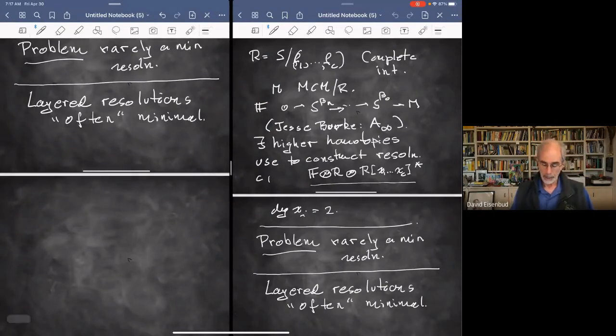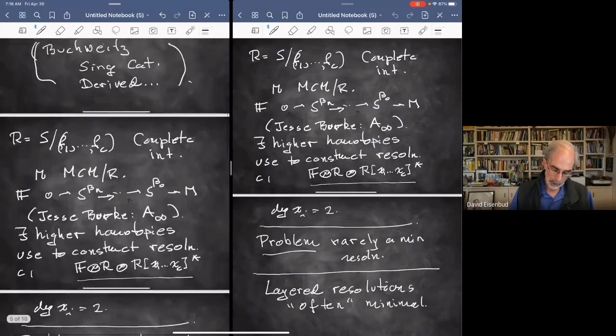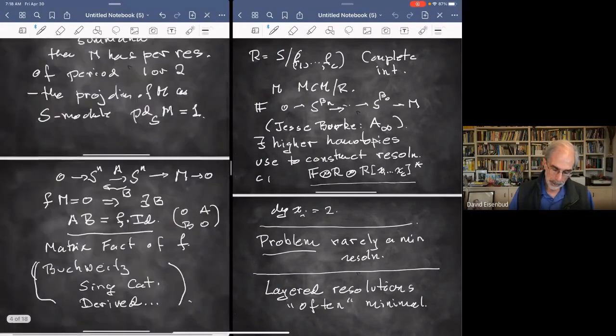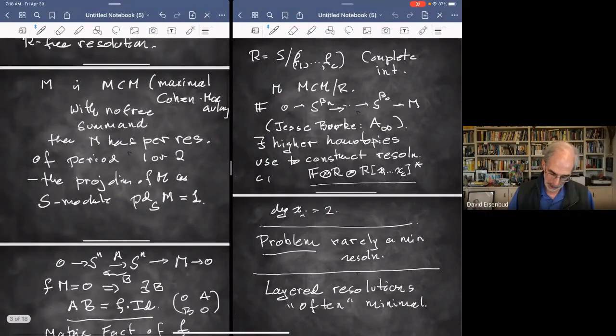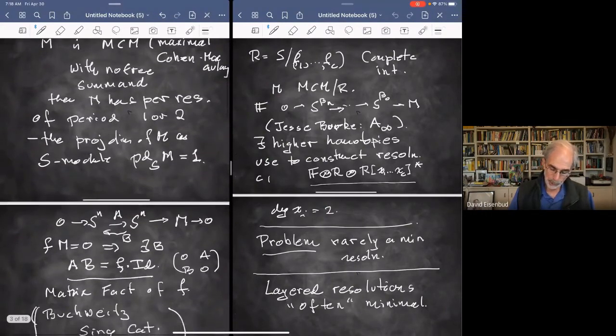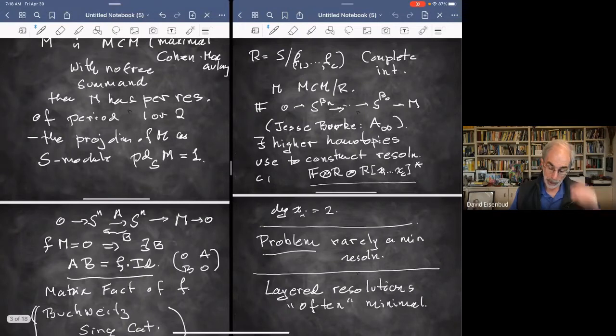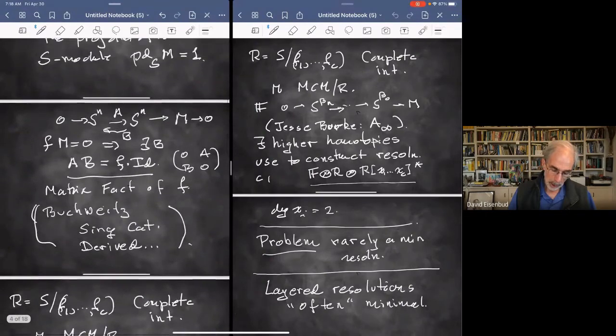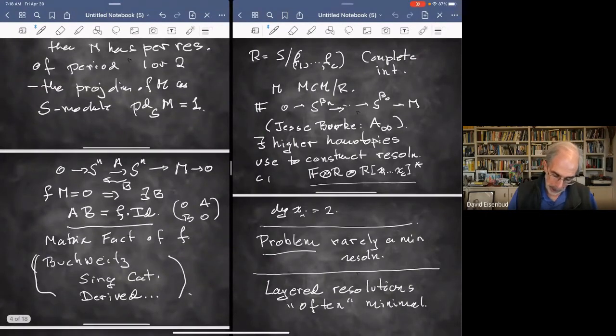And there are really two resolutions. So in the case that we've just looked at, the matrix factorization case, the nice case, there was a resolution over S with some special property. And in addition, there was a resolution over R, which I actually didn't write down.